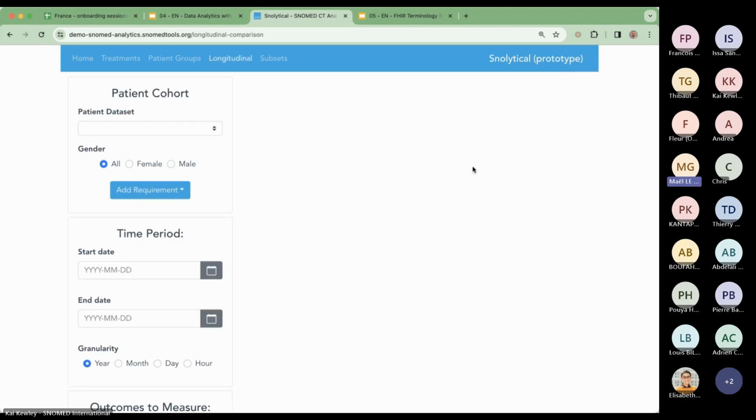I'm going to pick a data set here, which is the Danish National Statistic dataset. This form allows me to build up a report or a study. To start with, I will specify the cohort of patients that I'm interested in. There are no real prerequisites here. I want everyone in this data set, so I'm not going to do any refinements of the selection.